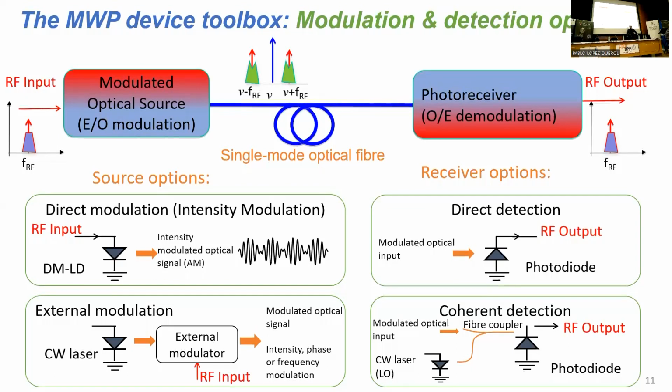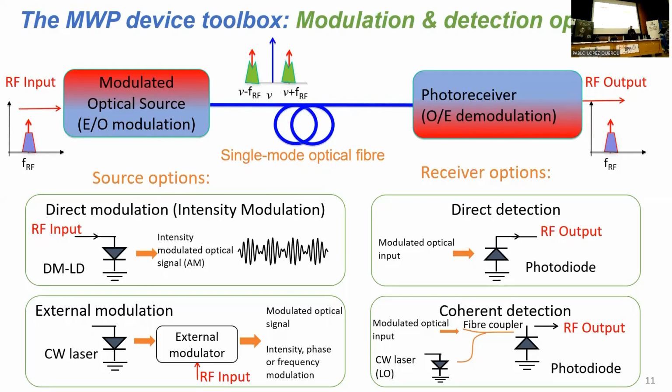So we have different options in the source. We can either use direct modulation of a laser, or we can use external modulation, which is the most common option, because direct modulation of a laser is bandwidth limited, and you also produce deleterious effects which you cannot get rid of, like chirp and nonlinear operation.